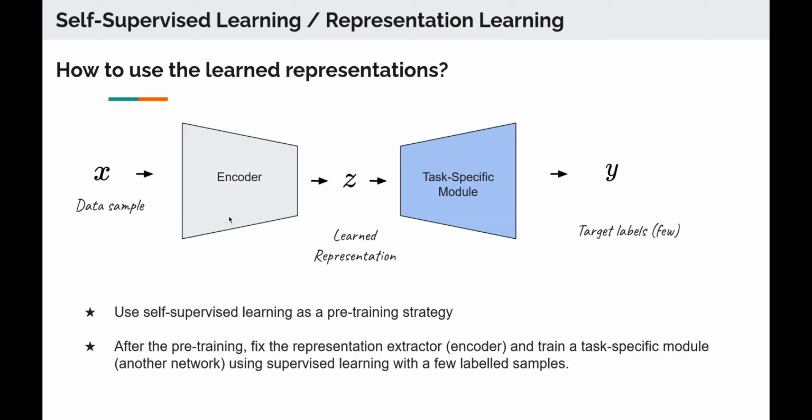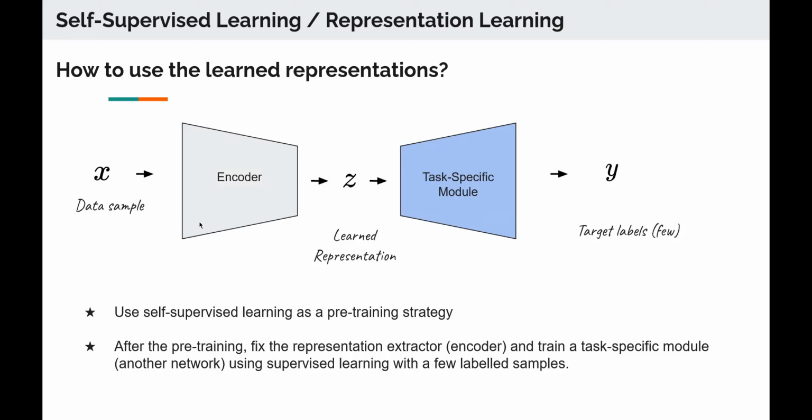And we are going to fix this feature encoder, this representation learner, and we're only going to adapt the parameters that are in this neural network. And to do this adaptation, we are going to use a few labeled examples of X and Y. So now we are working in a scenario where we had a lot of unlabeled examples, a lot of unlabeled images that we could train the autoencoder on.